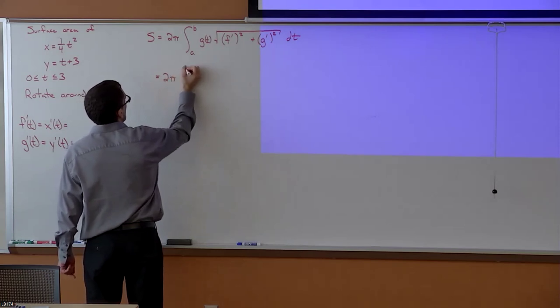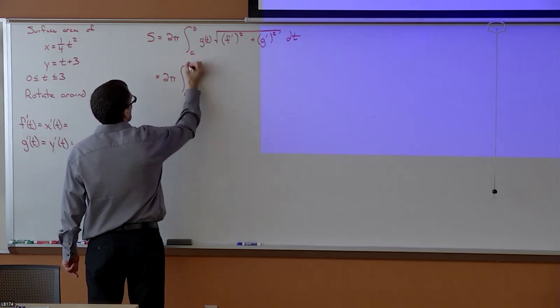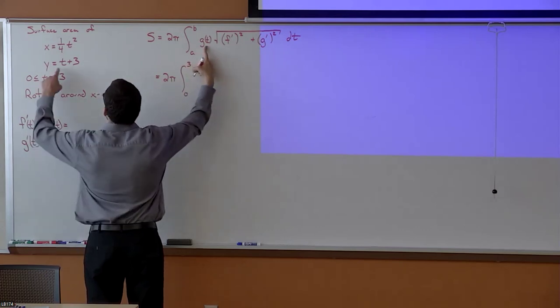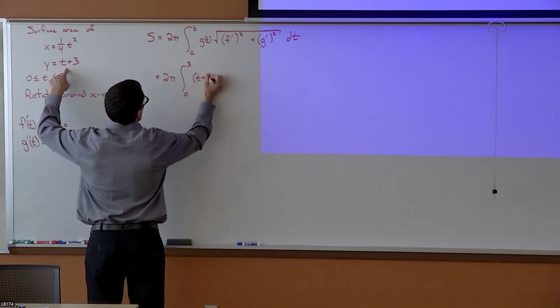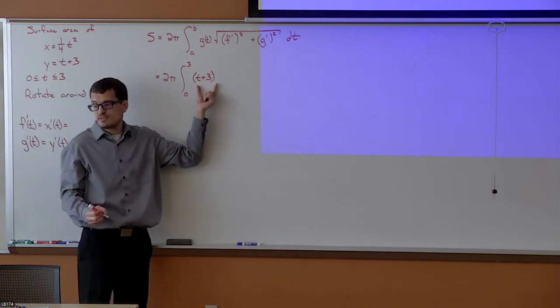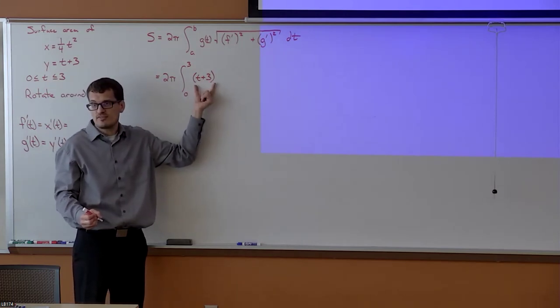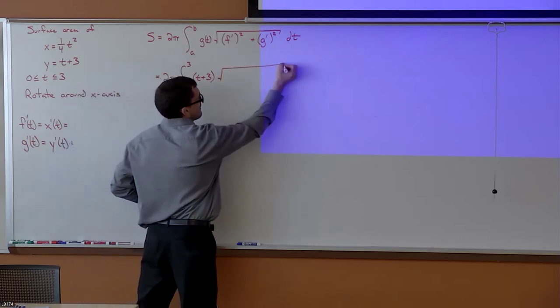Most things are pretty straightforward. My integration is going from 0 to 3. My function is t plus 3. Now, when you type this into your calculator, make sure that this piece is in parentheses so that both the t and the plus 3 are going to get multiplied by this big old square root.